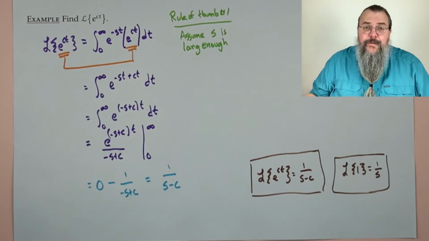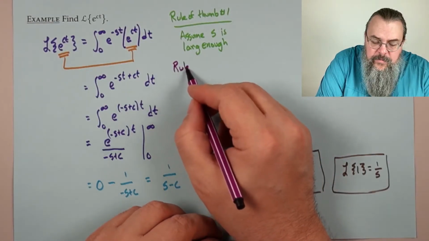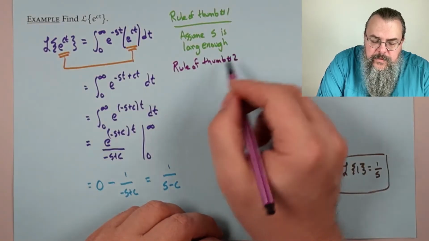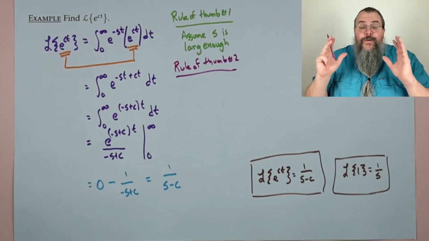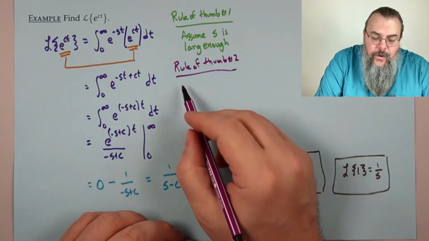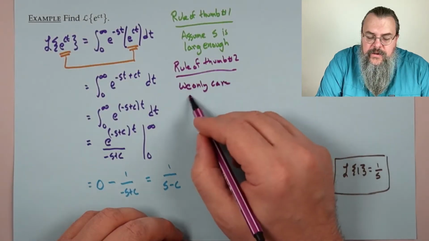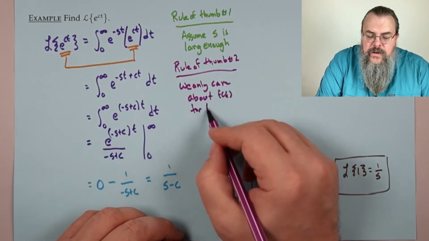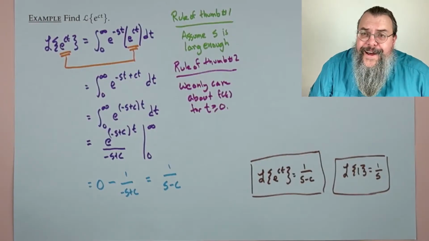But let me give you rule of thumb number 2. This is something to keep in mind, and oftentimes this will not be something we worry too much about, but I just want to emphasize it now. So we said, okay, assume s is large enough. There's another thing we can say. We only care about f of t for t greater than or equal to 0. Why is that?